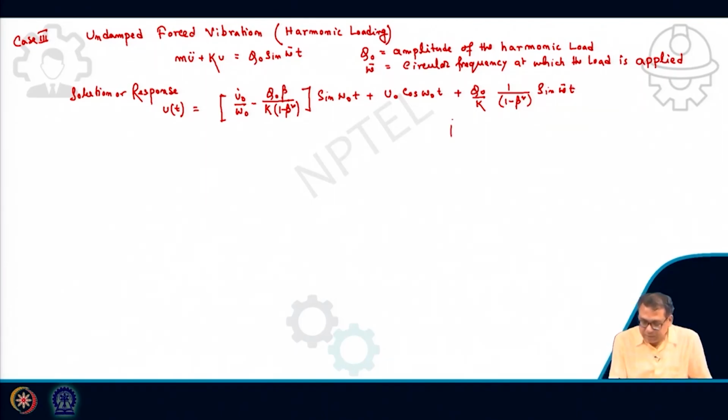So what is beta? Beta is equal to omega bar divided by omega 0, that is the tuning ratio.